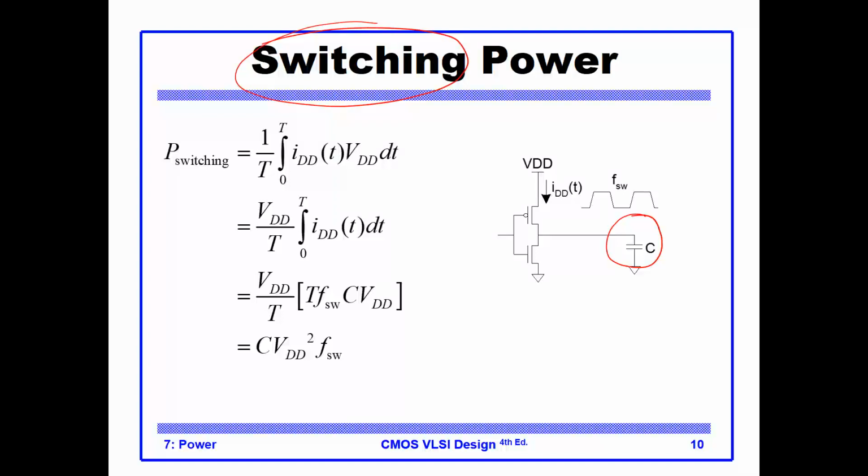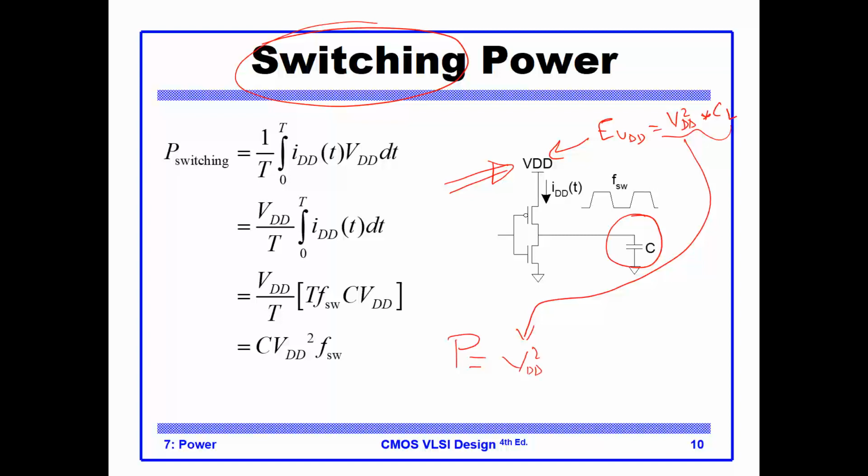So we understand that the energy drawn from the power supply is equal to VDD square times CL. So to compute average power dissipated by this power supply, we say that power equals the energy, right, over here, which is VDD square times CL, and then we need to divide this quantity by the period.